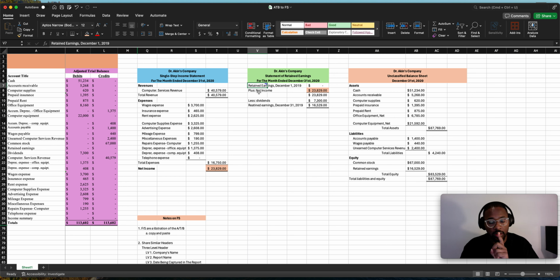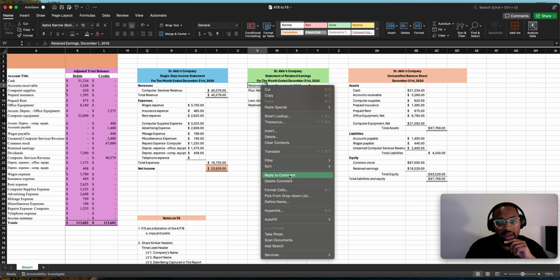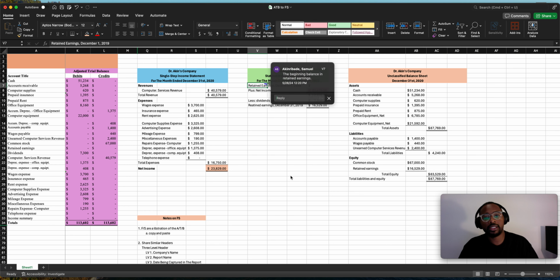Now, this is very important. Where do we find the beginning balance of retained earnings? We find it in the adjusted trial balance. Okay, so very important. I'm going to put that as another comment. So where do we find the beginning balance of RE, that's retained earnings, right?